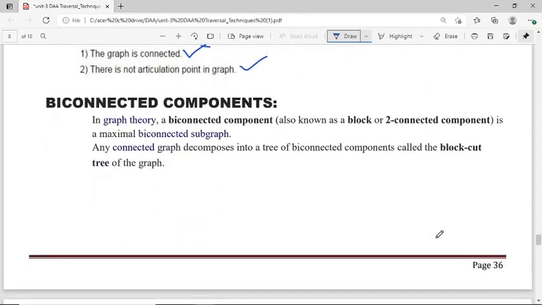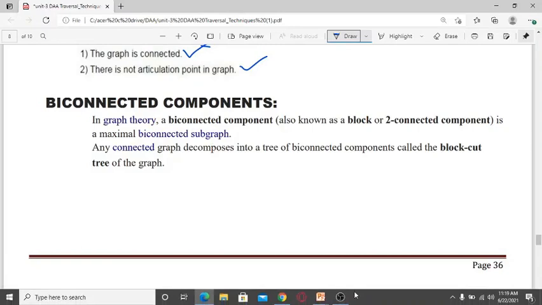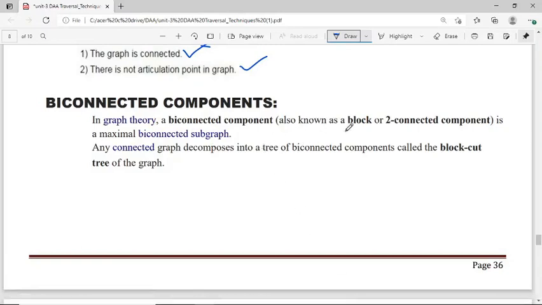What is a biconnected component? In graph theory, a biconnected component, also known as a block or two-connected component, is a maximal biconnected subgraph. Any connected graph decomposes into a tree of biconnected components called a block-cut tree. Okay, block-cut tree.